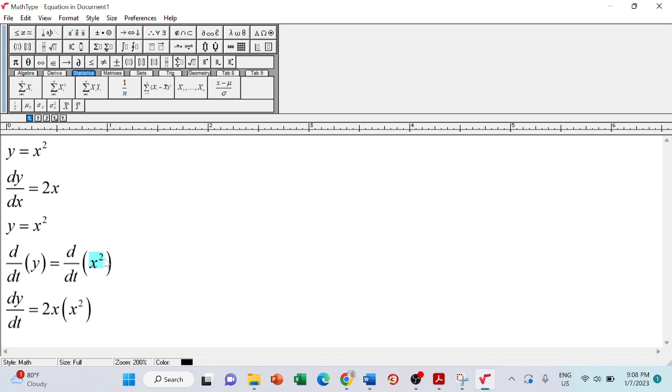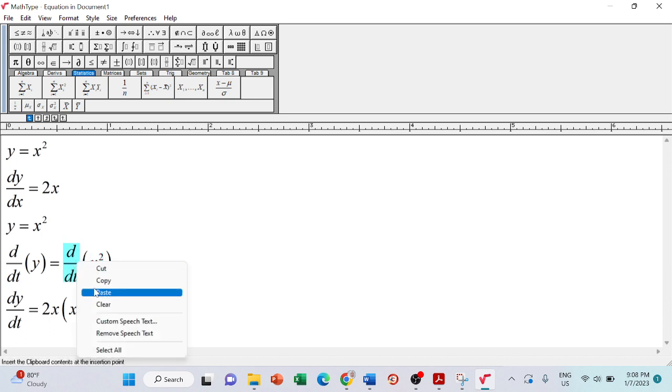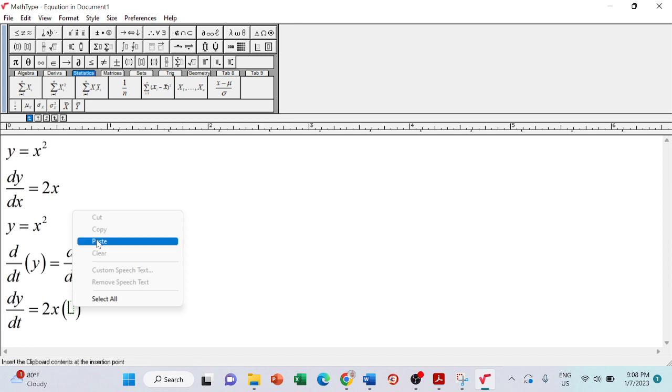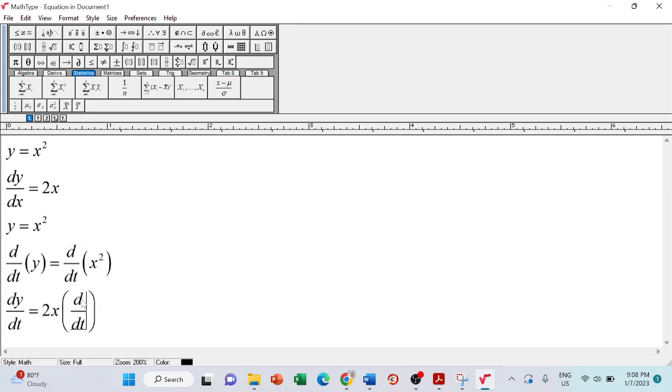Tapi sebelah kanan ni dia bukan subjek kan. Dia tak ada t, tapi kita bezakan dia terhadap t. So kita akan dapat tambahan, kita buat dx dt, because x tu bukan variable utama kan. So kita ada dx dt. Basically sebelah kanan ni sama macam kita buat implicit tadi. Sebelah kanan ni implicit.